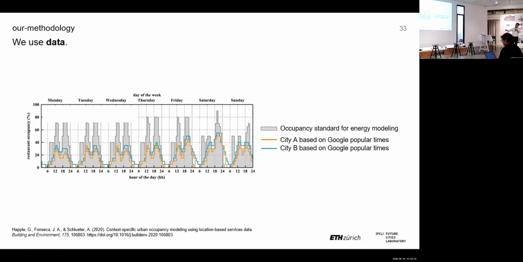The city in orange is one, and the blue one is another city, both from the US actually. The gray area is the occupancy standard for energy modeling. You can see how different they are, even within the country where the energy occupancy standard was produced. This will impact our energy modeling.